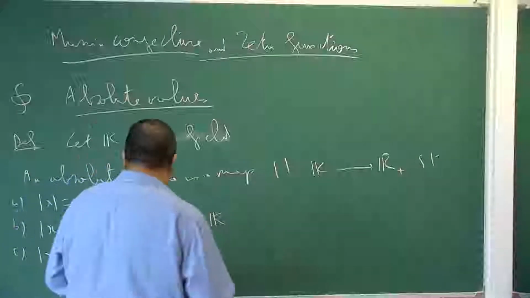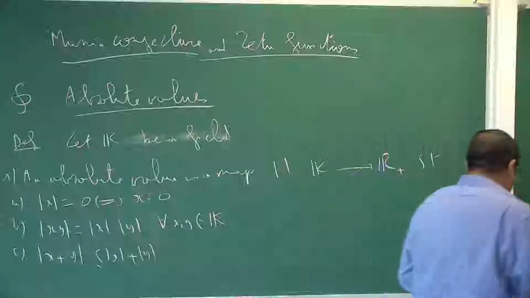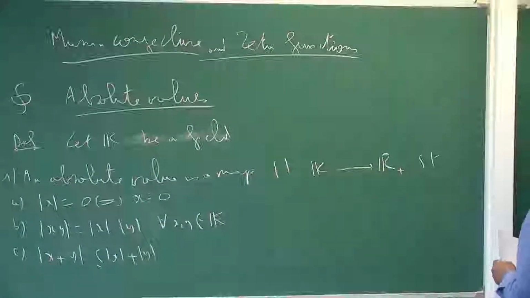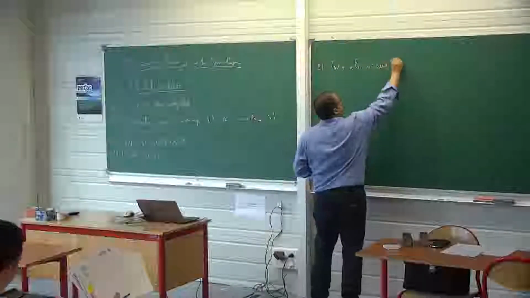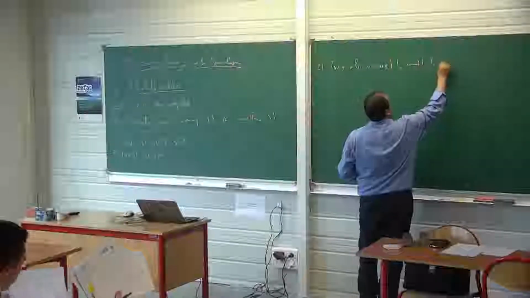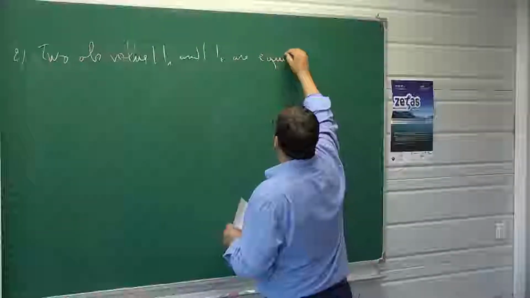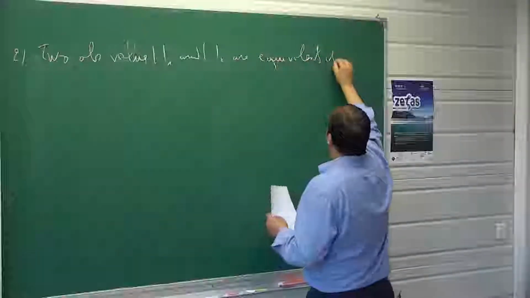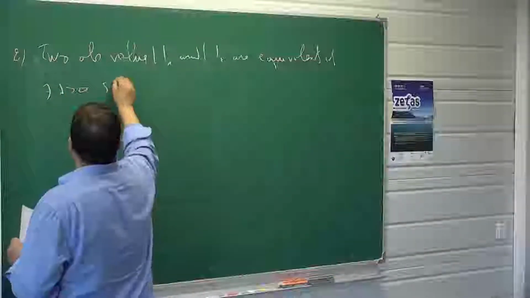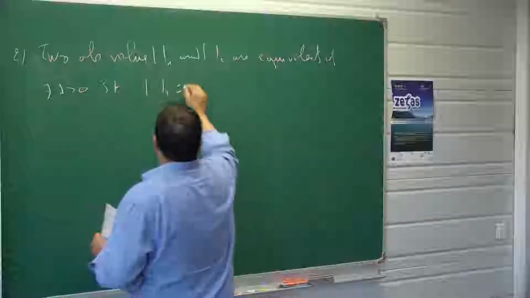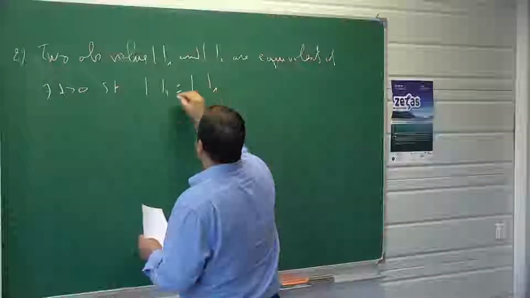We'll say that two absolute values are equivalent if there exists some positive lambda such that they satisfy this inequality.